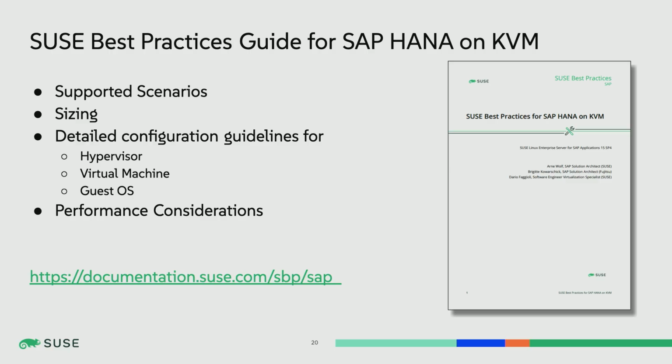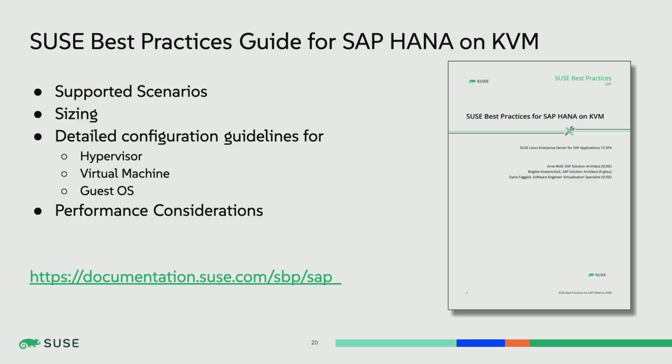These documents include everything you need to run virtual machines on top of your hypervisor and use SAP HANA inside of it. Every configuration item on hypervisor level, on virtual machine level, and on guest OS level is contained in these documents. Currently, it's multiple documents, so for every scenario there's one document containing the instructions that you need.